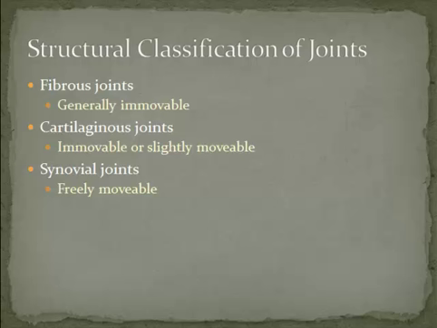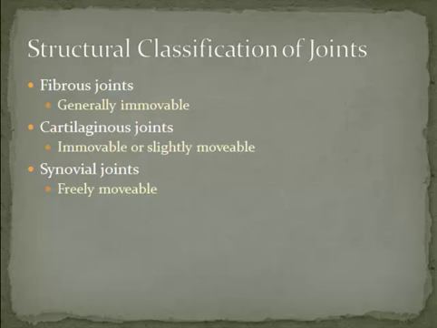Next, we have cartilaginous joints. And these can either be synarthrosis, or they may also be amphiarthrosis. And then we have synovial joints, and synovial joints are generally going to be diarthrosic joints. So they're going to be movable joints. So let's look at each of these a little bit more.